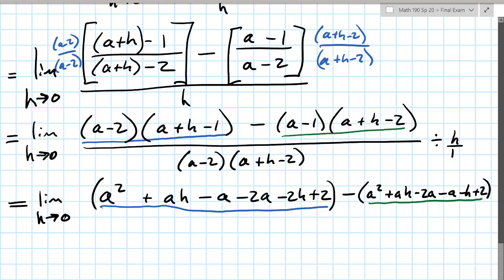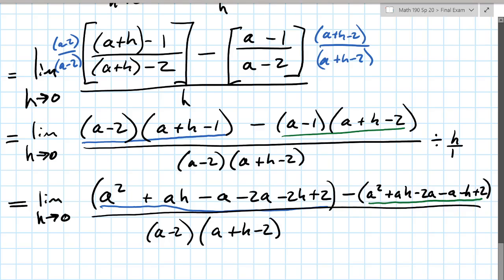And all of this is going to be divided by a minus 2 times a plus h minus 2. I'm going to take the reciprocal and multiply this h over 1 that I have over here. So if I take the reciprocal and multiply, I'm multiplying the numerator by 1, so nothing there, and then the denominator by h. So we have an h in the denominator here.